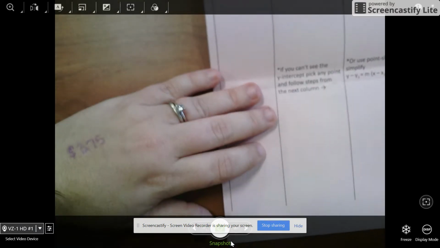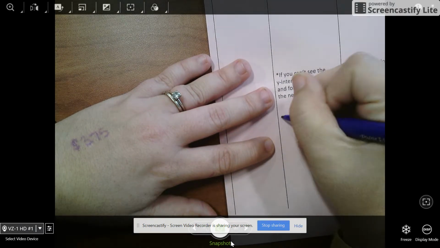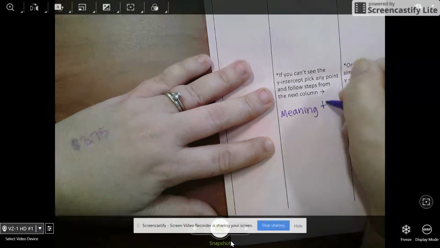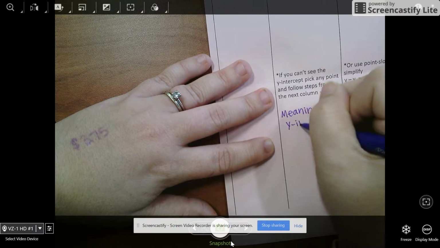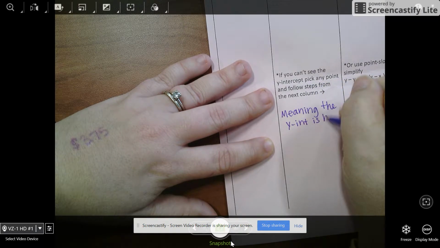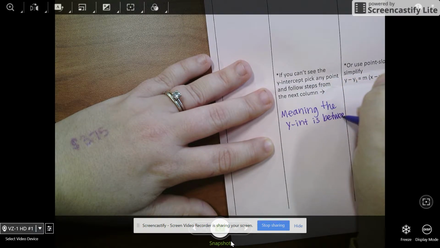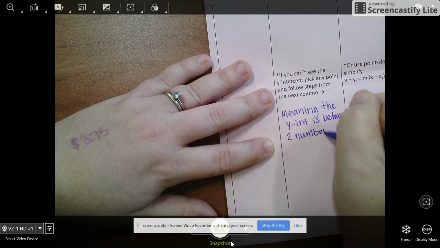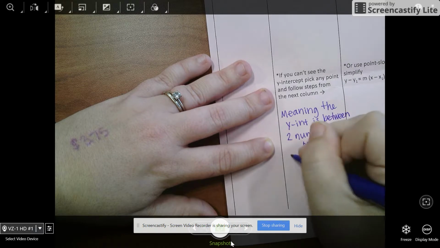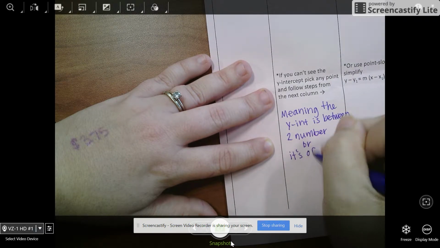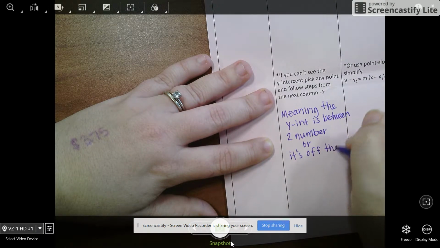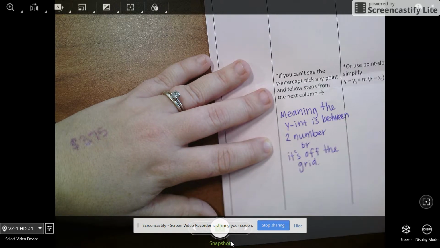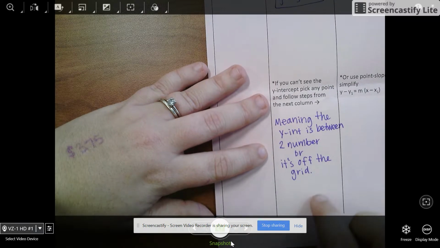If we can't see the y-intercept, meaning the y-intercept is between two numbers, or it's off the grid. Okay, so let's find out what we do in that case. Pause the video if you don't have this yet and write it down.